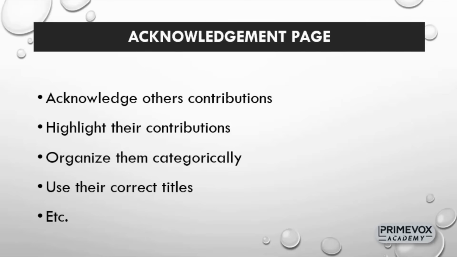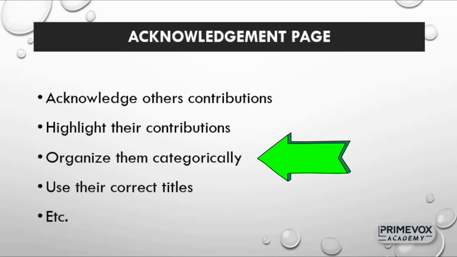Then we'll have the acknowledgement page. Now, when you are doing your acknowledgements, you highlight their contribution towards your education or the success of that project research work. After highlighting their contributions, you also remember to organize them categorically, not scattering their names.